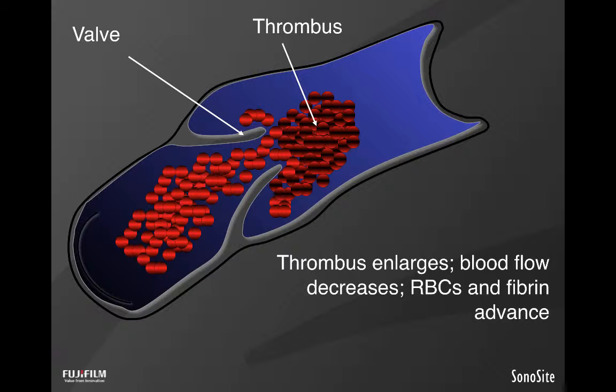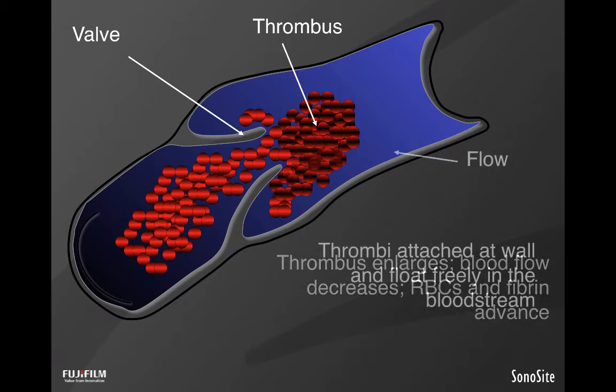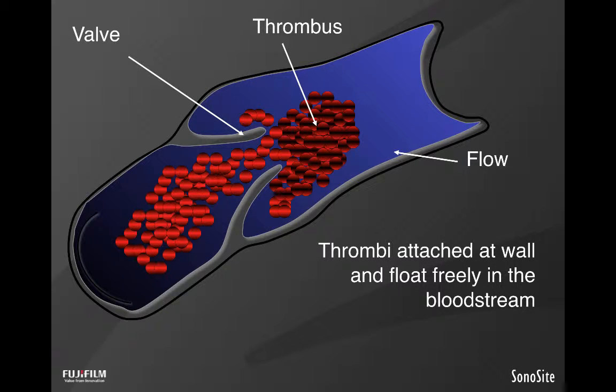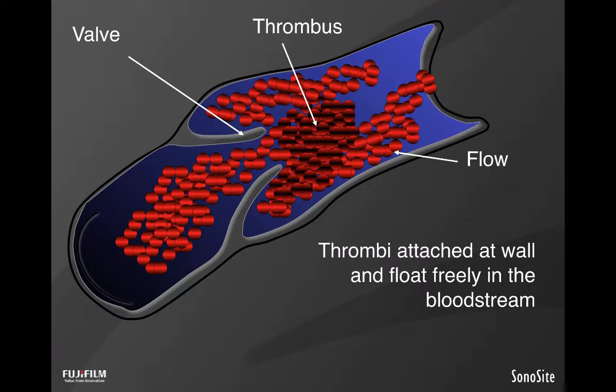The RBCs and fibrin advance and start to form mature clot, which can interrupt flow. The thrombi typically are attached at the wall, and then unfortunately they can dislodge, float freely in the bloodstream and cause a lot of problems upstream, in particular pulmonary embolism, which we all know and dread and fear in our ICU patients.